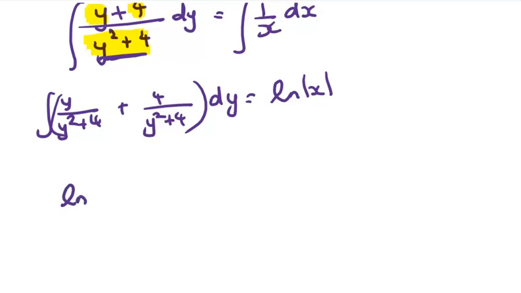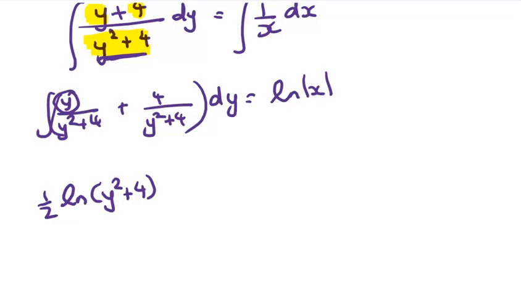So here we're going to have half times the natural log of y squared plus 4. I don't need absolute value signs there because we know that y squared is positive and y squared plus 4 is even more positive. The half is because when I differentiate this, I get 2y coming out, but I just want to have y here.